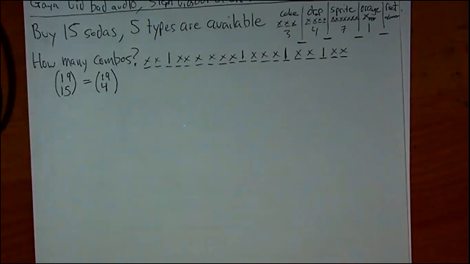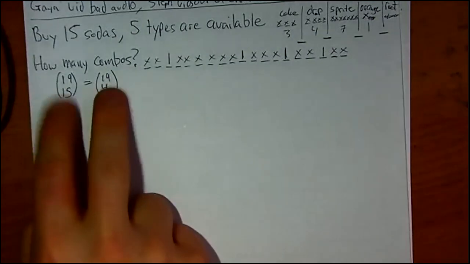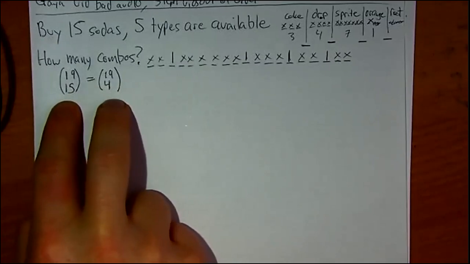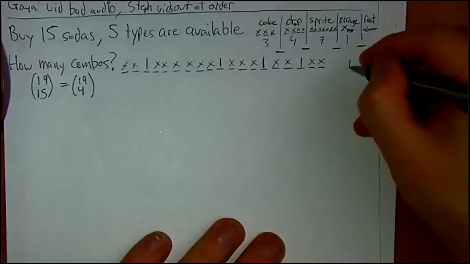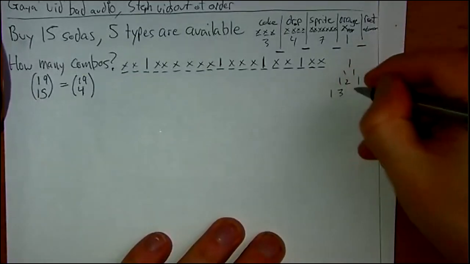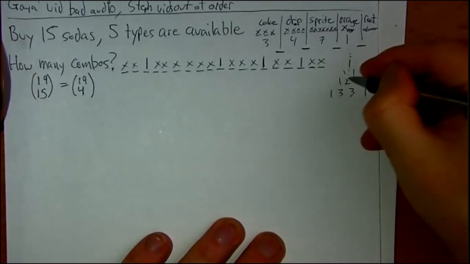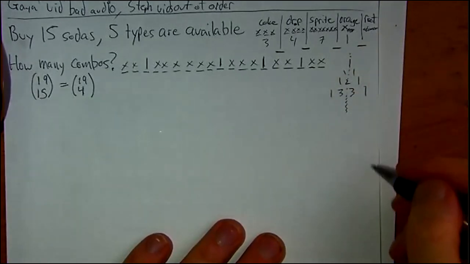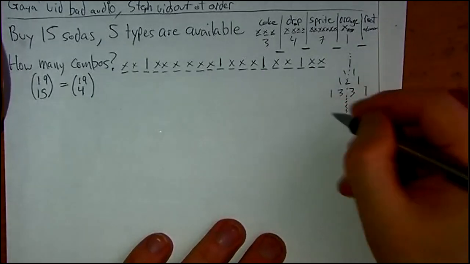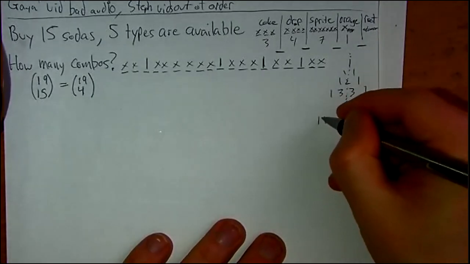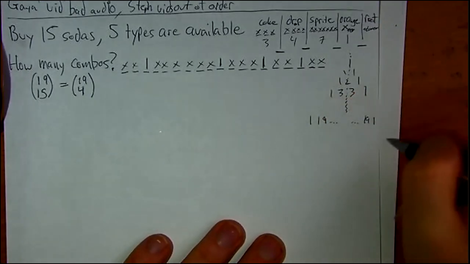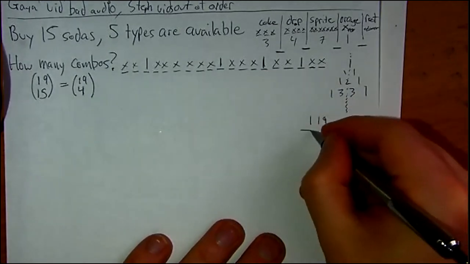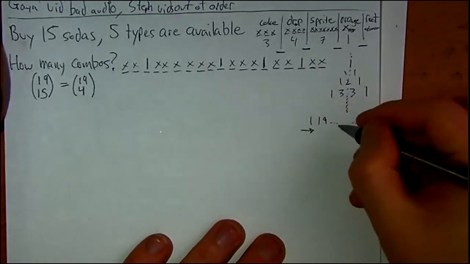Why is that? Like, how would you know that? Yeah, the binomial theorem, right? These correspond to numbers inside of Pascal's triangle. And remember, Pascal's triangle has this symmetry to it, right? Where we've got 1, 1, 1, 1, 2, 1, 1, 3, 3, 1, right? There's this symmetry line right down the middle. And if you go all the way down to the 19th line, where you have 1, 19, and so on, all the way up to 19 and 1 on the other side, well, if you count in 4 from the left, that'd be 19 choose 4.